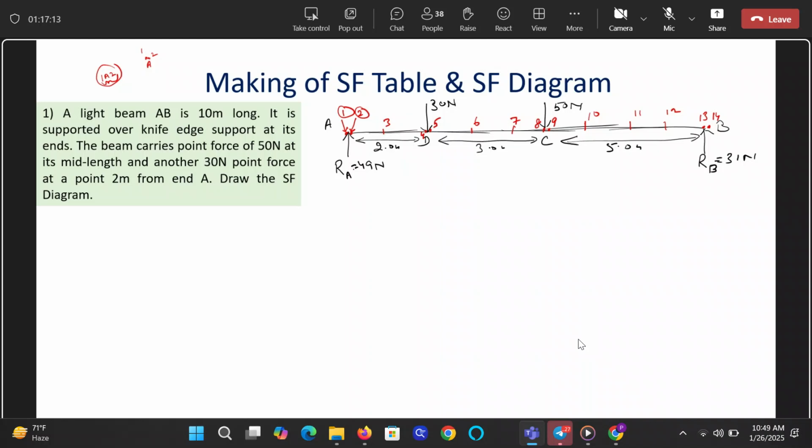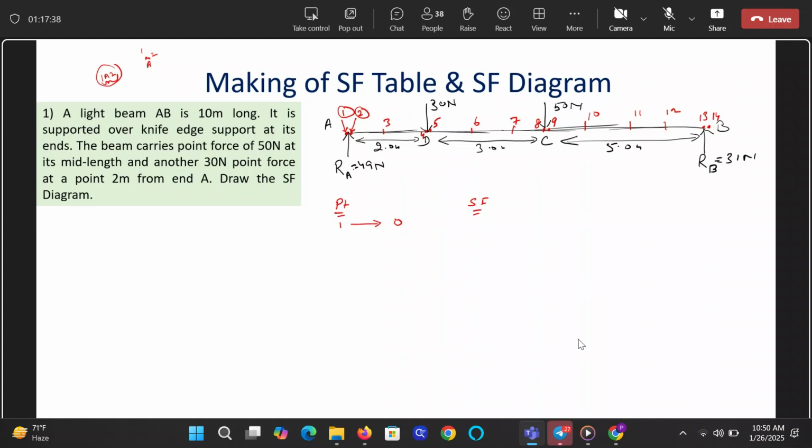Have you understood what I have said, beta? Yes. Now, focus from left to right. Upward forces are positive, downward forces are negative. Guys, to the left of point 1, are there any forces? Yes or no? No, sir, 0.